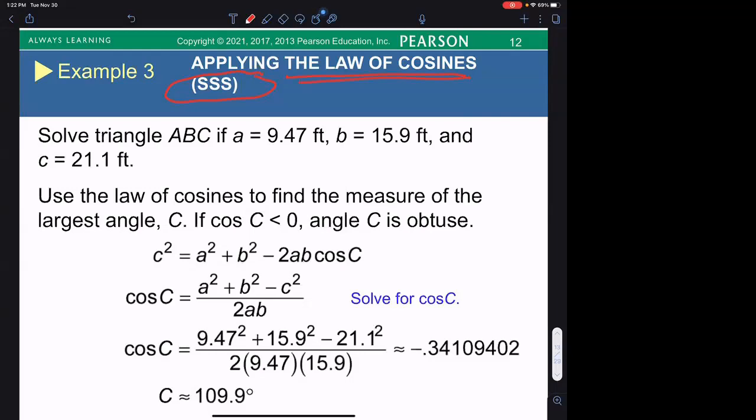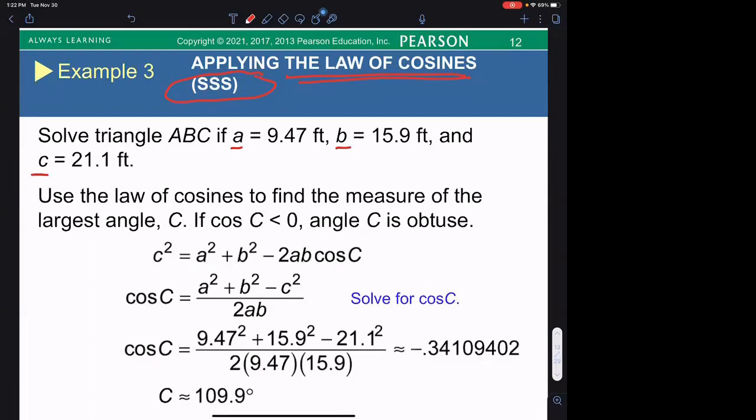So when we have all 3 sides, well, the law of cosines has been set up to solve for a side, a squared or b squared or c squared. So if we're not solving for a side, how do we do this? Well, as we see in the example here, they gave us 3 sides, a, b, and c. And they just took the law of cosines written out in terms of the side c.